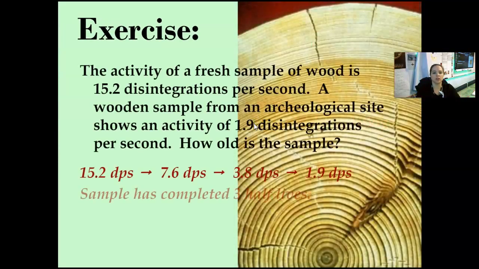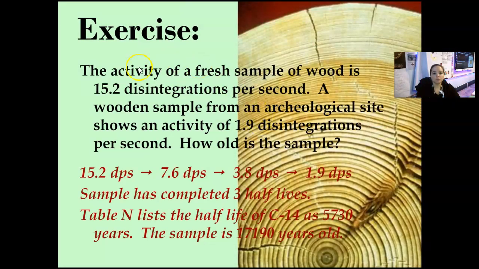All right, here's a little exercise. A fresh sample of wood has an activity of 15.2 disintegrations per second. A sample from an archaeological site shows that it only has 1.9. So what you're going to do is start with 15.2 and half-life it until 1.9. You can see as you half-life it, you've got 3 half-lives.